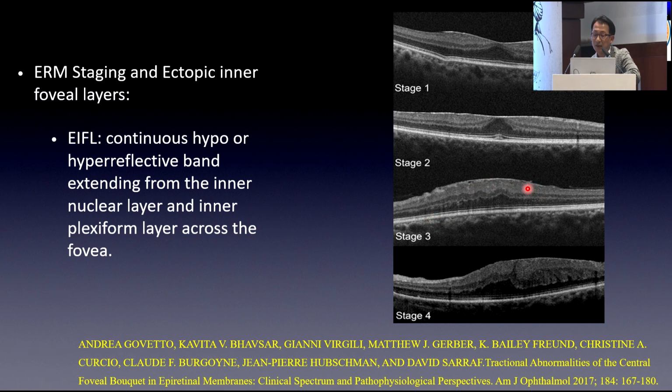These two structures, the lamellar hole-like lesions and ectopic inner foveal layers: if you perform the surgery before the appearance of these two structures, the structural as well as the functional improvement is complete.